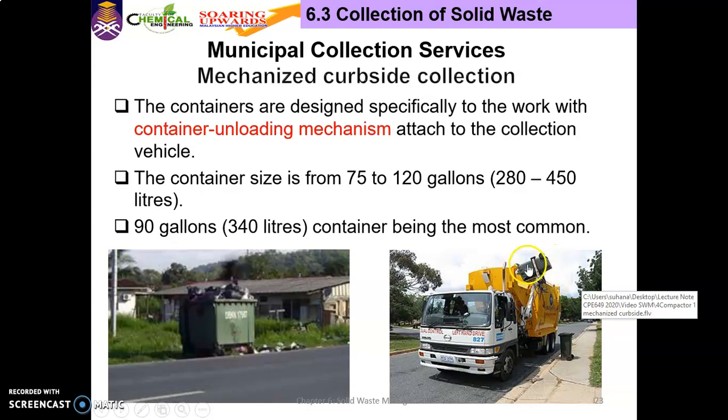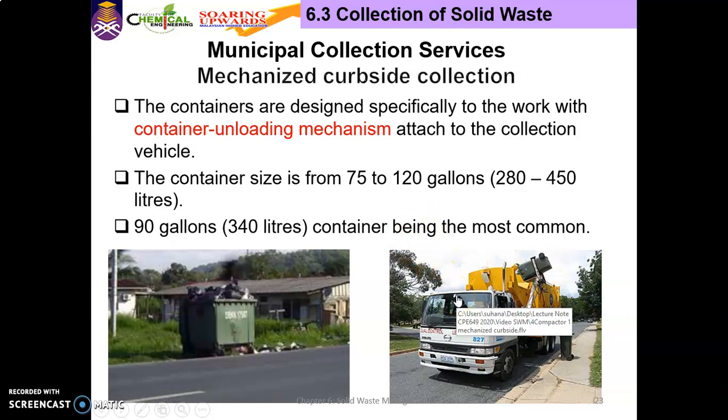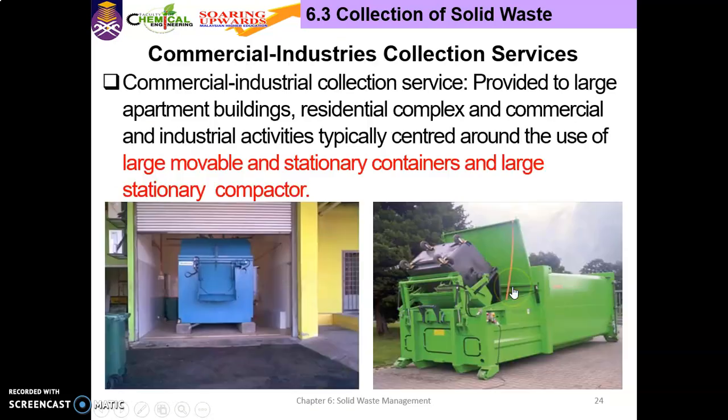Okay, so the size is already set, in order for the pickup truck to lift the bin up and then empty the bin. For commercial industry collection, these are the examples. Okay, so the use of large movable and stationary containers and large stationary compactor.